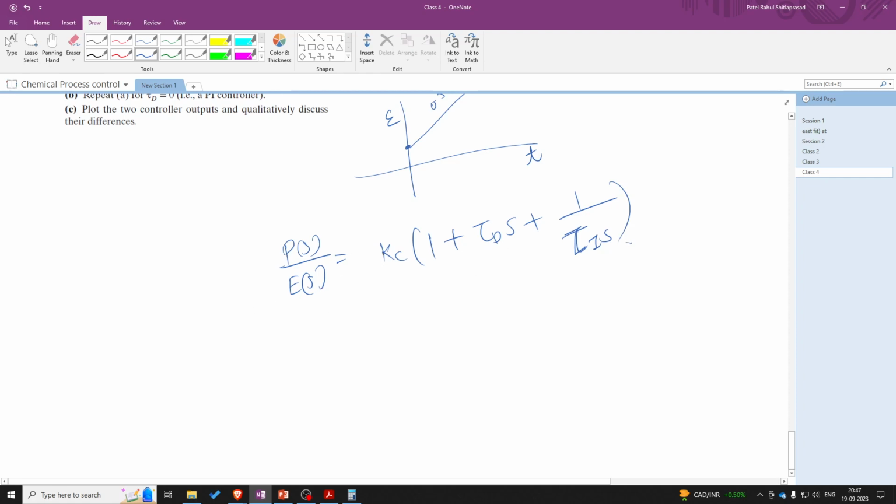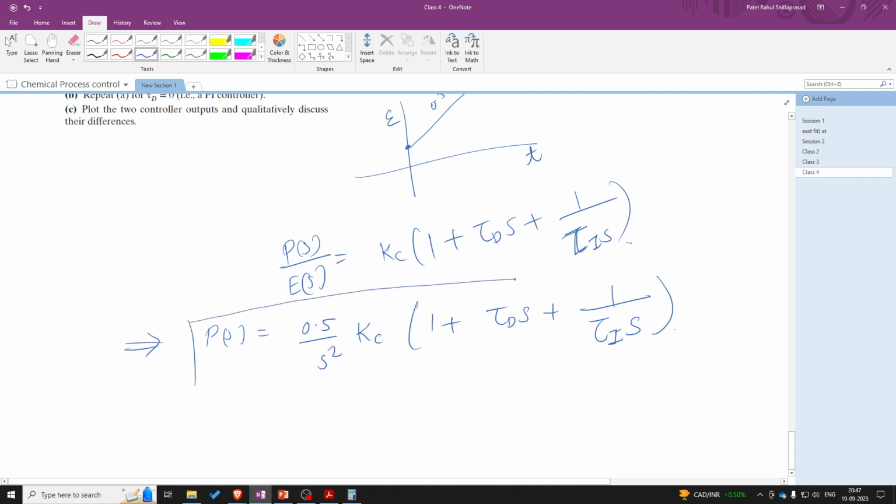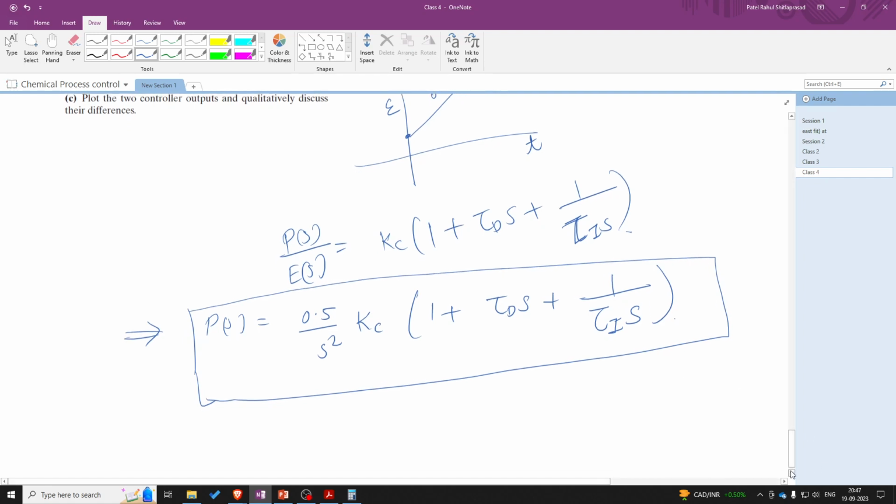And E(s) we calculated as 0.5 upon s square. That is, we can write this as 0.5 upon s square times Kc times 1 plus tau D s plus 1 upon tau I s. This is the equation using which we can calculate Pt by taking the Laplace inverse.